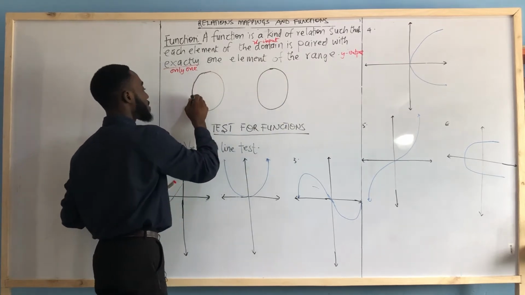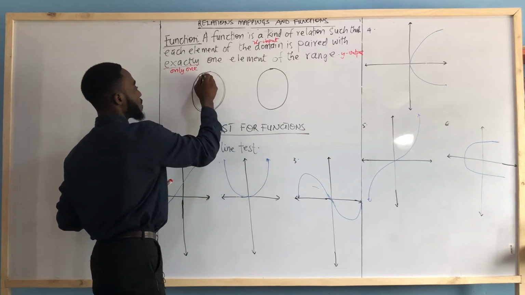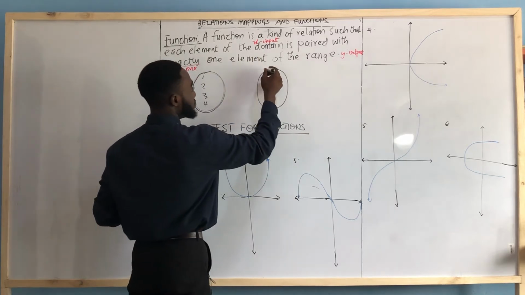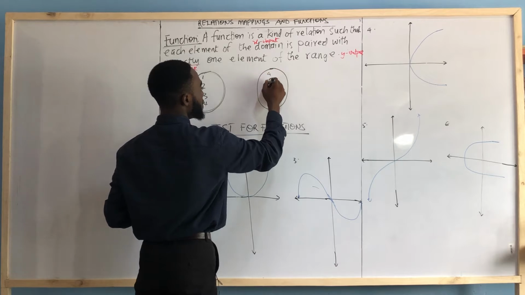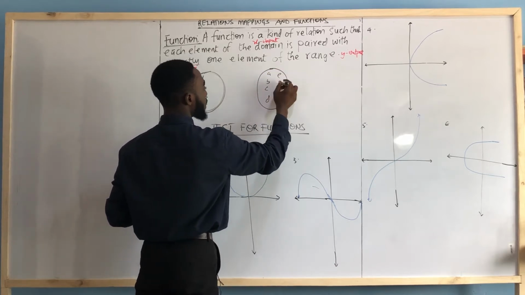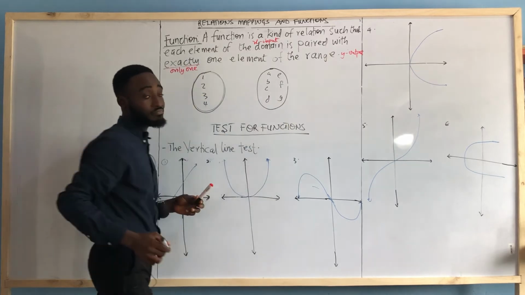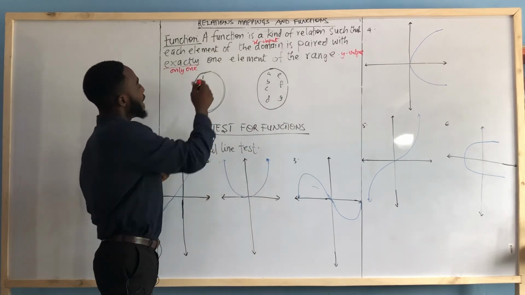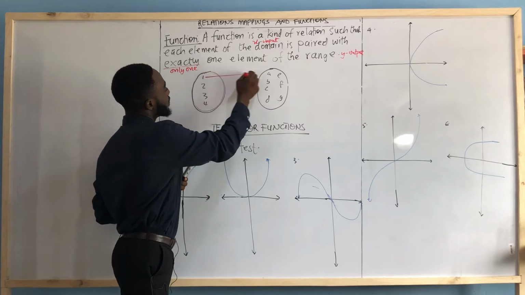So I have 1, 2, 3, 4, maybe A, B, C, D, E, F, and then G. So when it's going to be a function, it should map to only one.